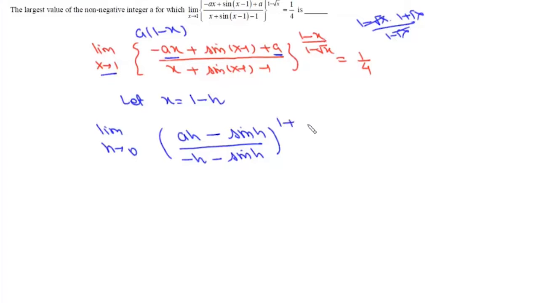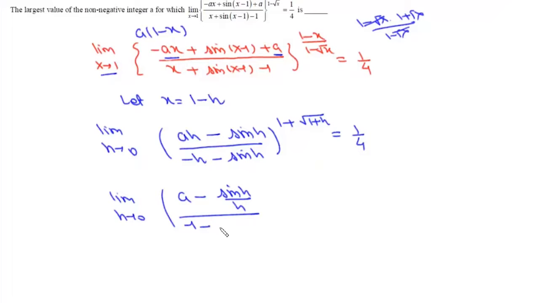So it will be 1 plus under root of (1 plus h), and it is equal to 1 by 4. Now we write this as limit h tends to 0, (a minus sin h upon h) upon (minus 1 minus sin h upon h) to the power 1 plus under root of (1 plus h), equal to 1 by 4.